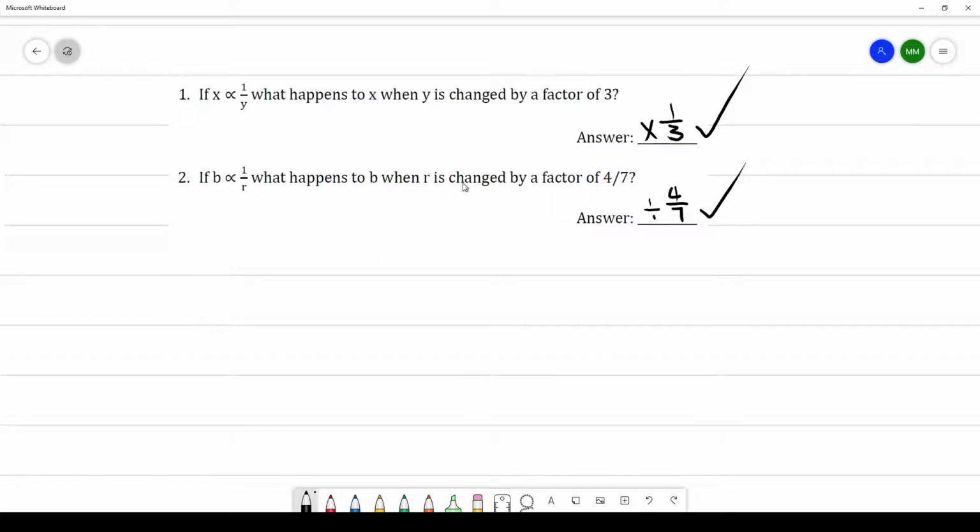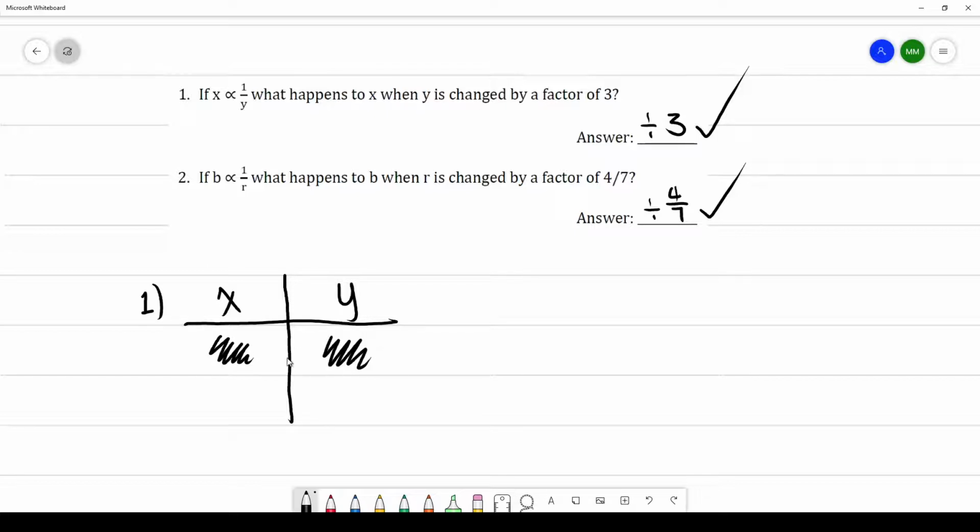So why is it divided by 7? Well, first, maybe I'll talk about this first one. So this first division, okay? Divided by 3. So for number 1, x and y. The number over here, well, we don't really know, but it's okay. Because imagine these are two numbers. So y is multiplied by 3. And then, as we were saying, you just do it to the other side, divided by 3.